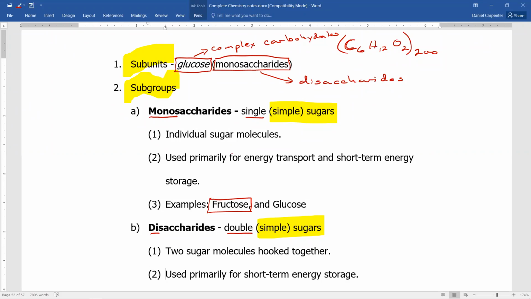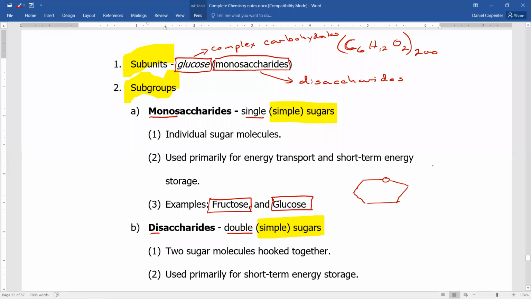Glucose is blood sugar. And we've heard of glucose, if for nothing else, because we've talked about it in biology and chemistry several times. Okay, so fructose and glucose are examples of single sugars. The super simplified diagram, and this is missing some parts, but the super simplified diagram is that for a single sugar.